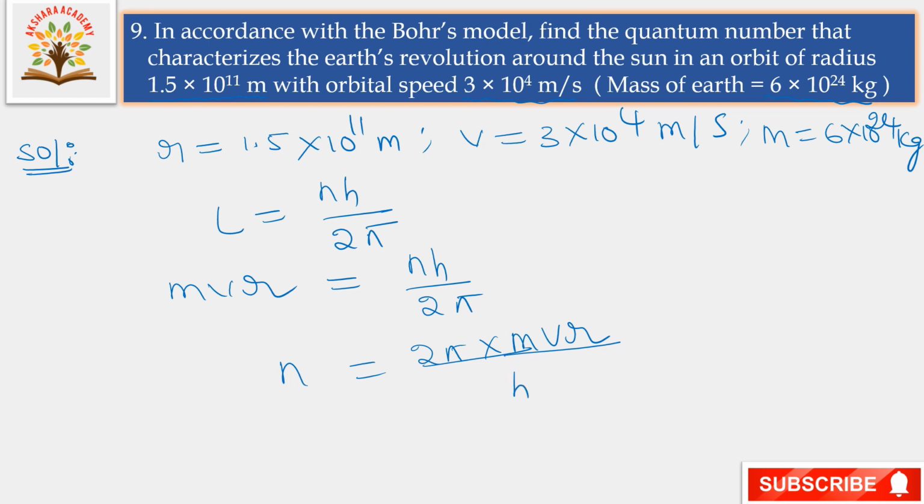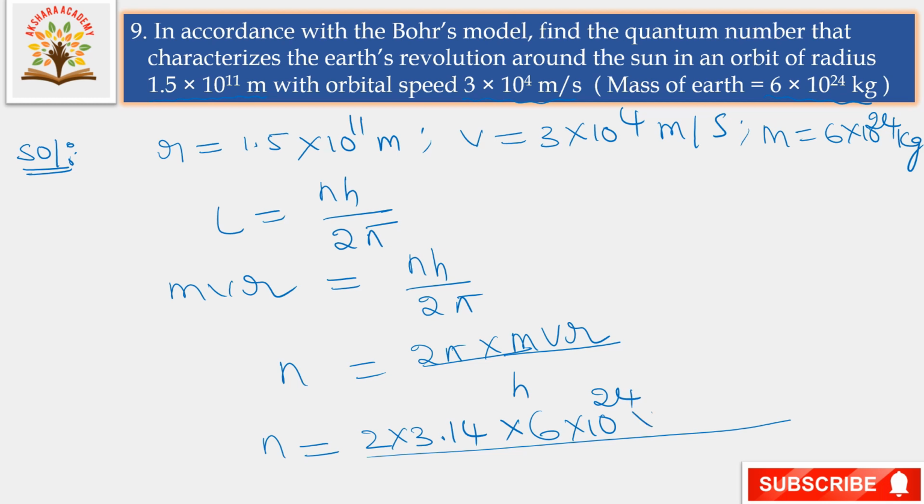So n is equal to, now substituting values, 2 into 3.14 into m 6 into 10 to the power of 24, v 3 into 10 to the power of 4, and r they given as 1.5 into 10 to the power of 11, by h, 6.6 into 10 to the power of minus 34, Planck's constant.